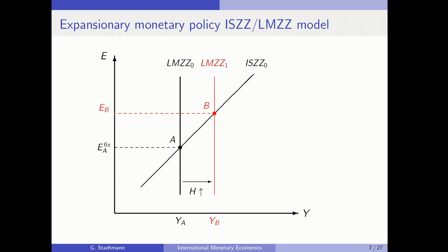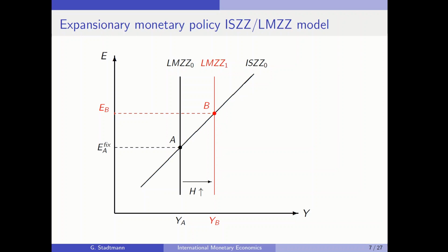But here we have to be careful to some extent, because in chapter 18 we deal with a fixed exchange rate system. Therefore, we have to interpret this scenario B in the following way: there is some depreciation pressure on the foreign exchange market.